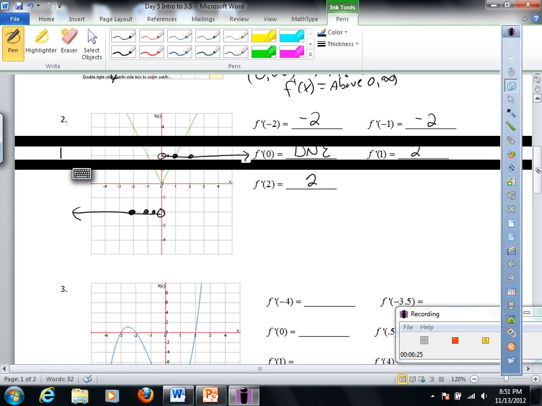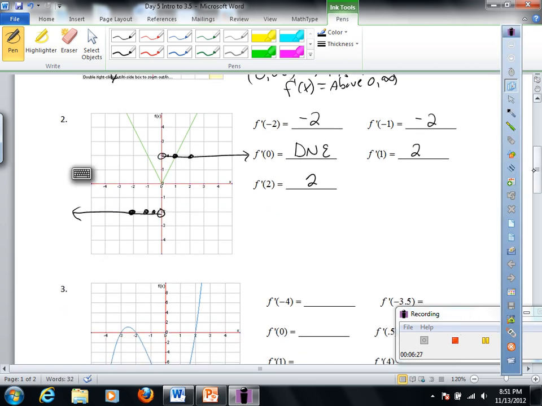What does this tell me? It tells me that the slope of this segment is always -2. The slope of this segment is always +2. If you think about it, the slope is negative from -infinity to 0, so I know I should be below the x-axis.